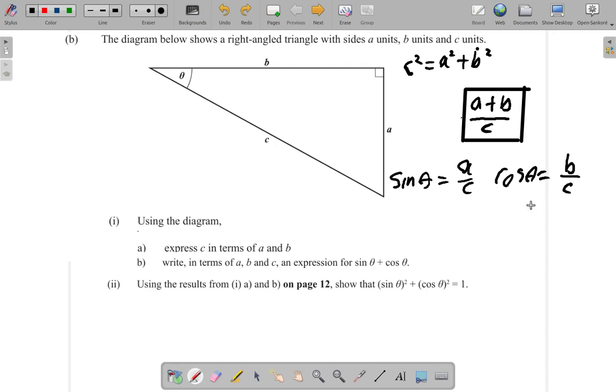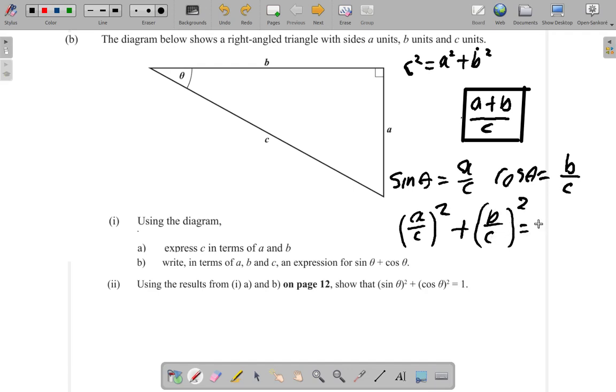Now, you need to show that when we square this and square this and add them, you get 1. So let's see what happens. Sine squared theta is A over C all squared plus cos squared theta is B over C all squared.